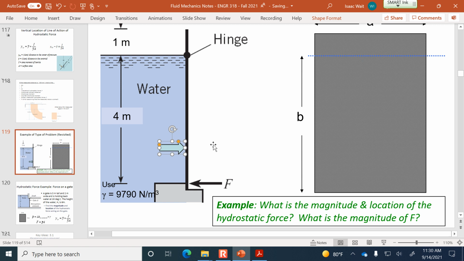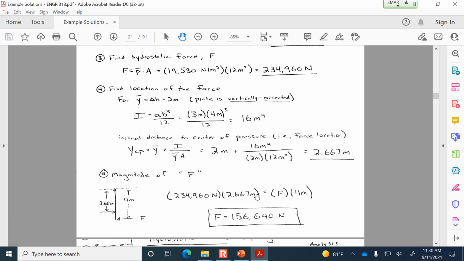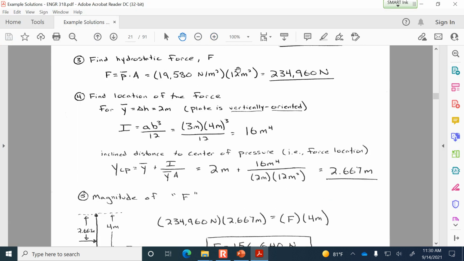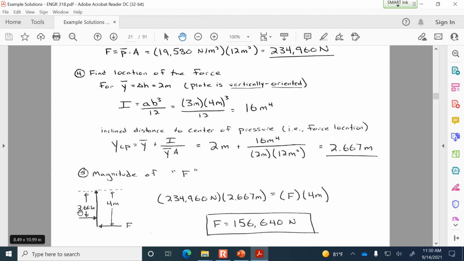Okay, so the last part of this problem then is that, let me just show you because I've got it right here. Here's the water line. That dashed line represents the water. 2.667 meters down is this hydrostatic force acting in the counterclockwise direction.